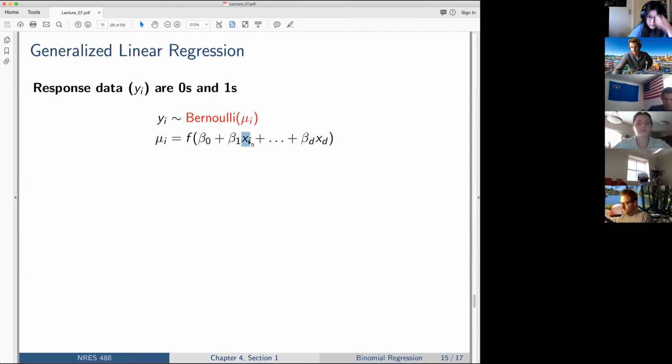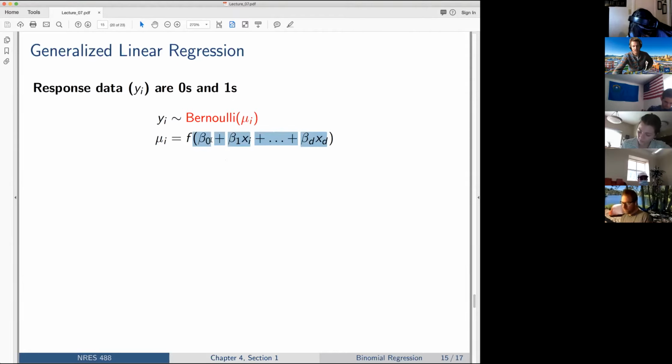So there's 3 important differences in this model compared to our normal linear regression models. The first one is we're using a Bernoulli distribution here to help with our 0-1 data. The second important difference is this mu value is going to be some function of these covariates. So f stands for function.